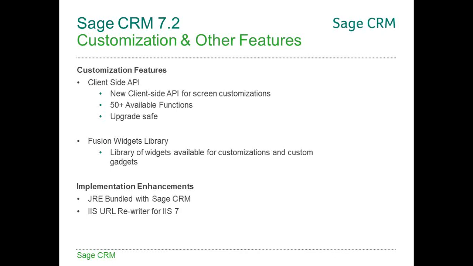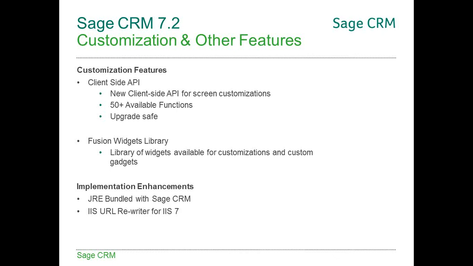So it's a simplified, specialized set of code libraries that really allow you to do some great on-screen customizations. Things like highlighting a field in yellow, for example, when a user maybe has missed it, or it's an important field. Maybe controlling the way certain values can be entered into a field.